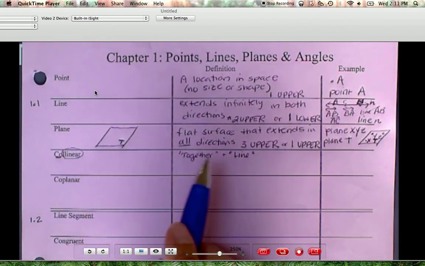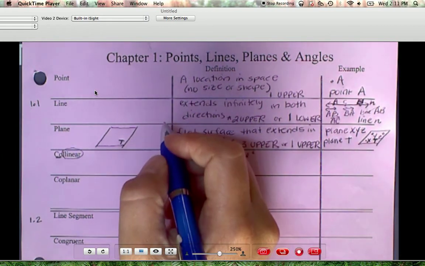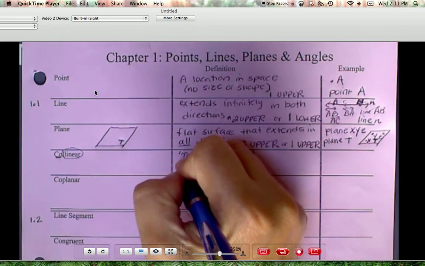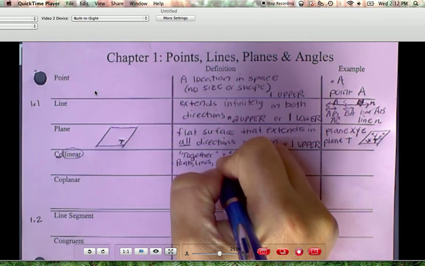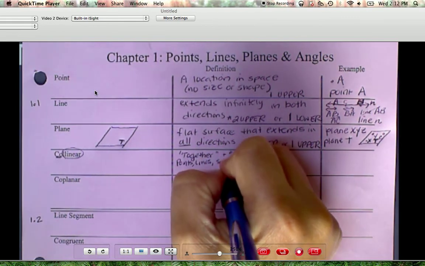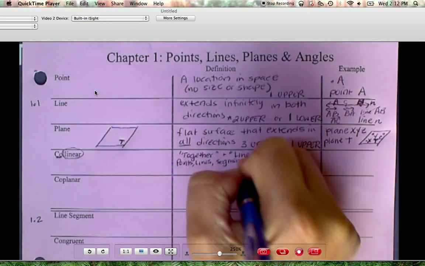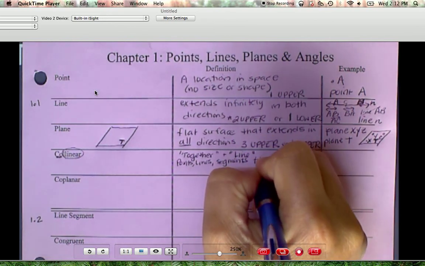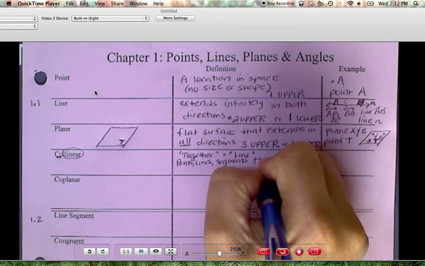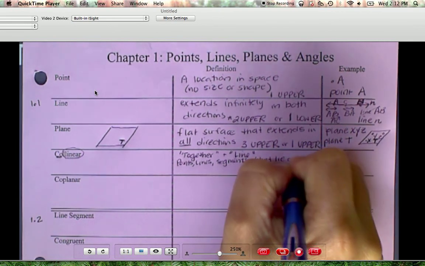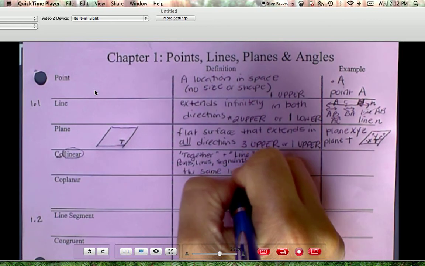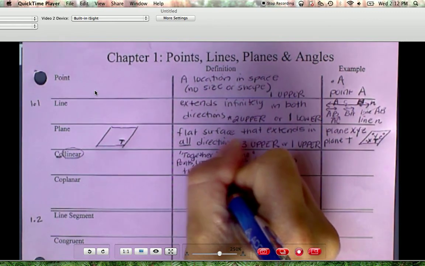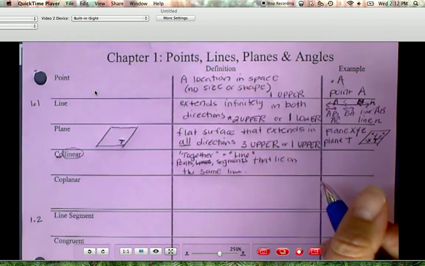So together plus line gives us points, lines, segments, that lie on the same line. So really probably should just be points and segments that lie on the same line.